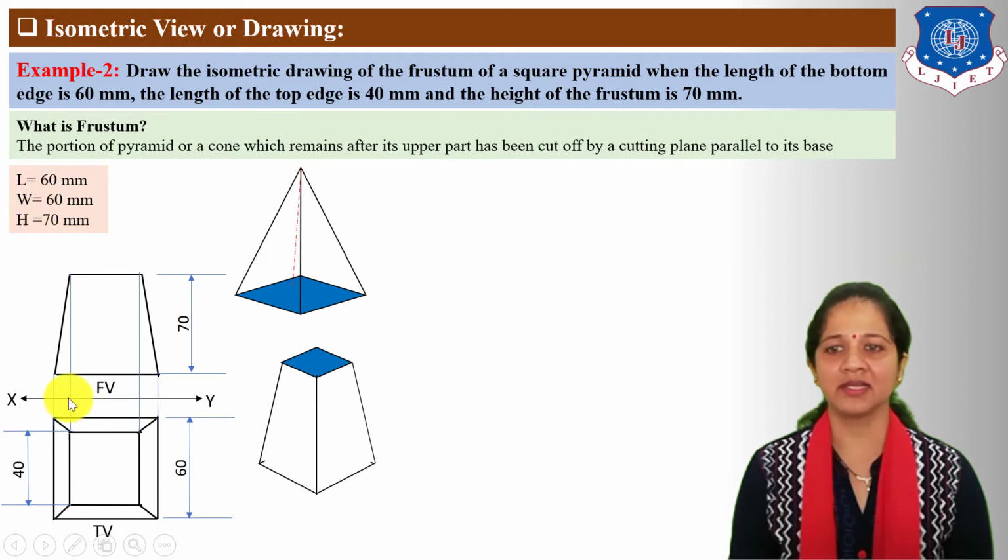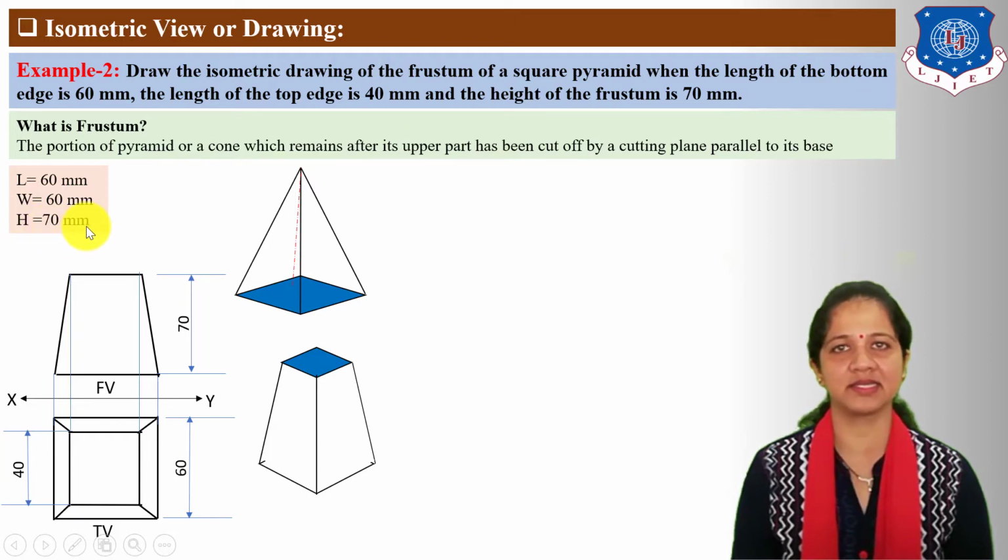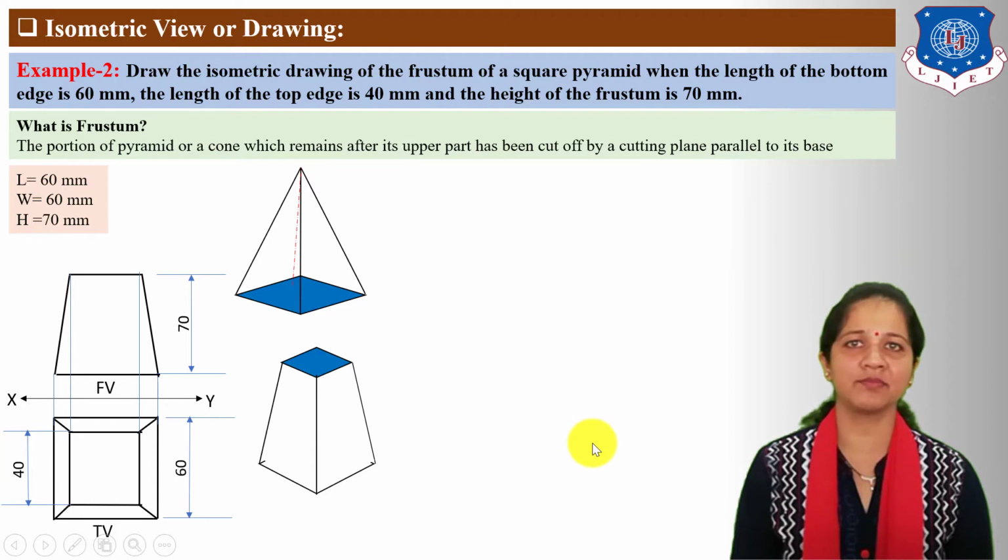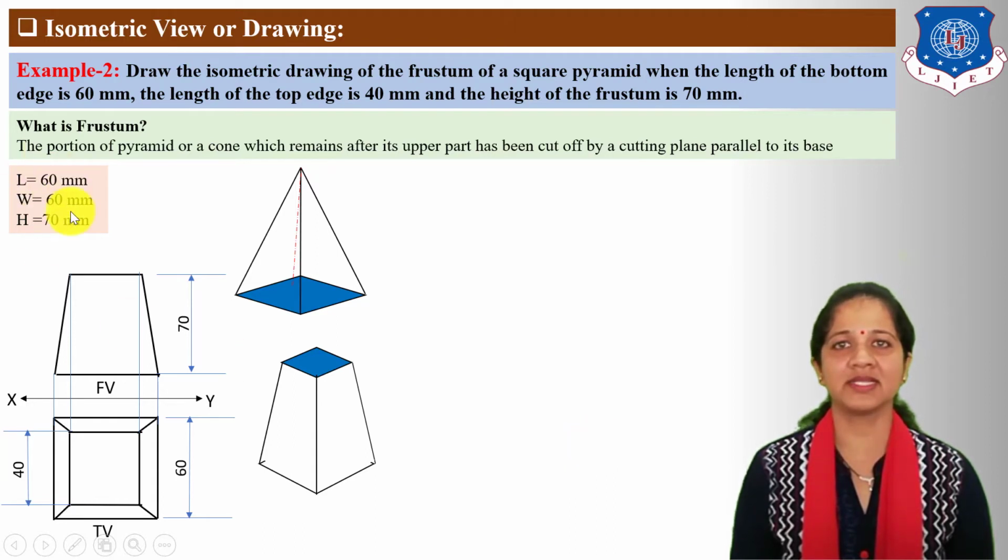Maximum width is also 60 mm because the base of the frustum is square. And maximum height is 70 mm. Next, draw an isometric box considering the maximum length, width and height. So first draw a horizontal reference line.